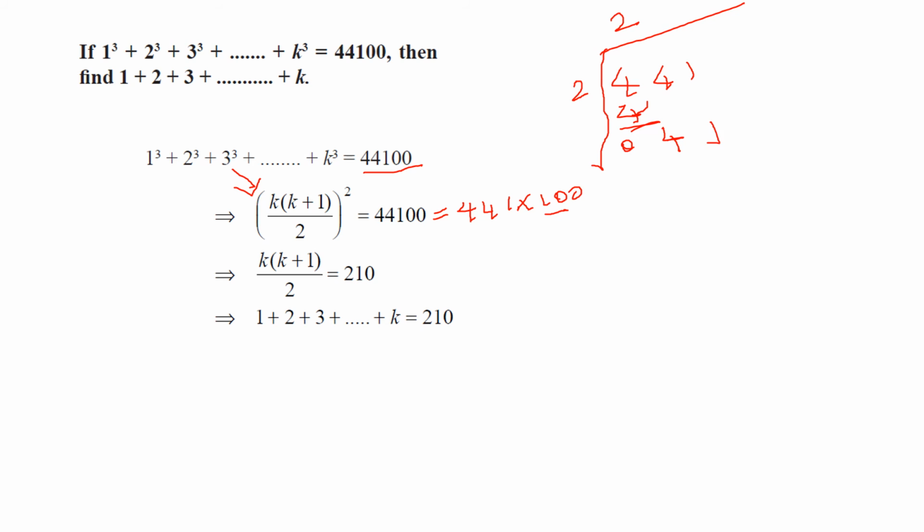So 2 multiply 2 is 4. Here 1 only, so you put it here also 1 same number. So 441, 41. So 441 square root is 21. So 21, this is square root, this is also square root. So 21 into 10, that is 210. Therefore 1 plus 2 plus 3 up to k equal to 210.